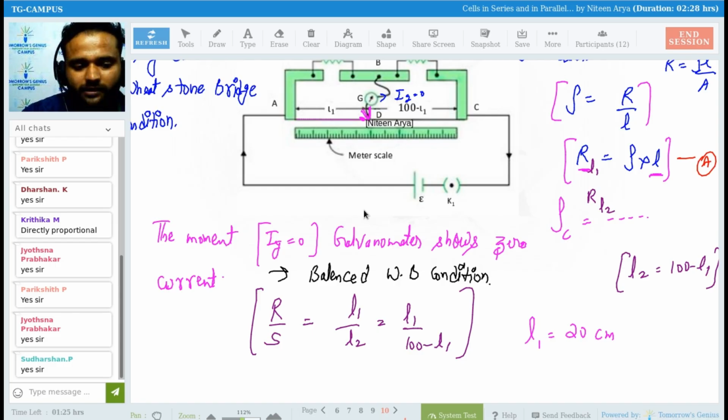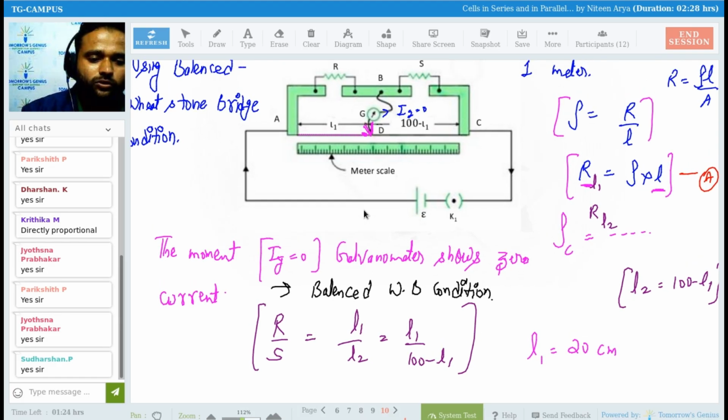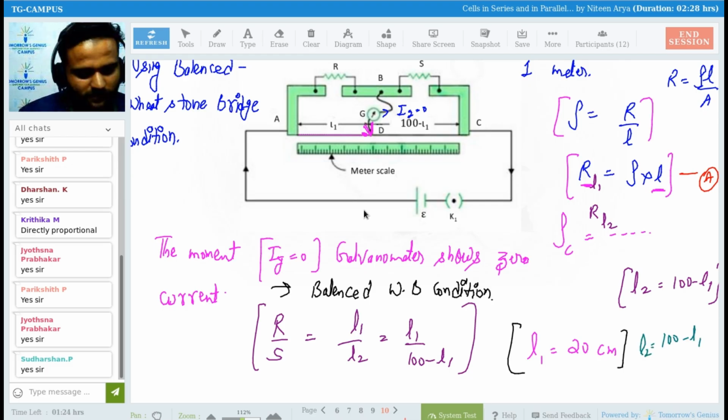The moment the galvanometer of this meter bridge shows zero deflection, meaning zero current, suppose the length is 20 centimeter. So obviously 100 minus L1, which is L2, is going to be 80 centimeter.